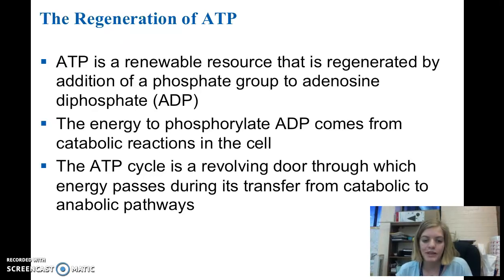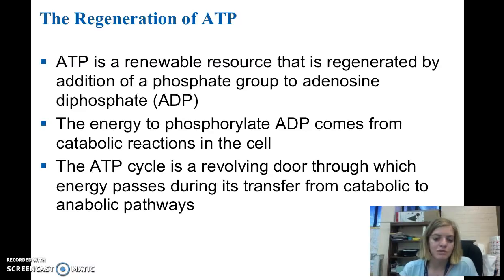This is important because that energy to phosphorylate ADP comes from the catabolic reactions in the cell. So the cell uses ATP to do all sorts of jobs, and once the cell is able to do its breaking down of different things, that's able to provide the energy that's required for ATP to be regenerated from ADP. So it's kind of a consistent cycle.